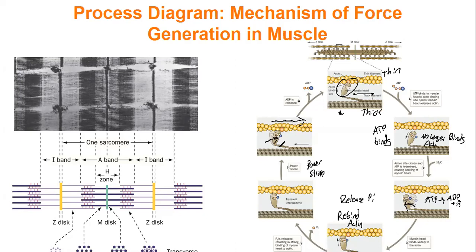And so our actin will move as well. So our thick filament is moving our thin filament. After our myosin is back to its original position, ADP is released, and we're back to square one.